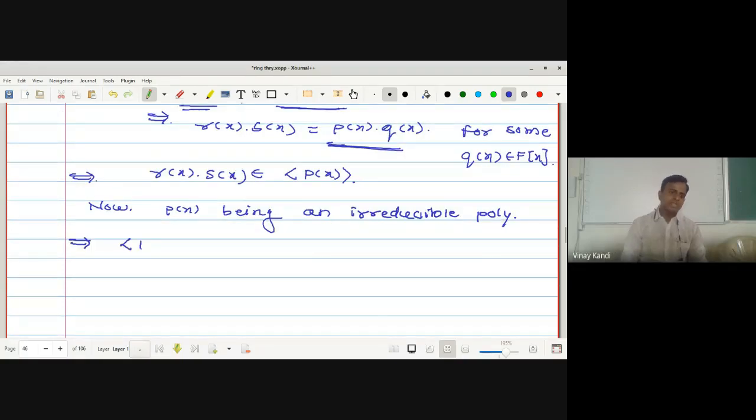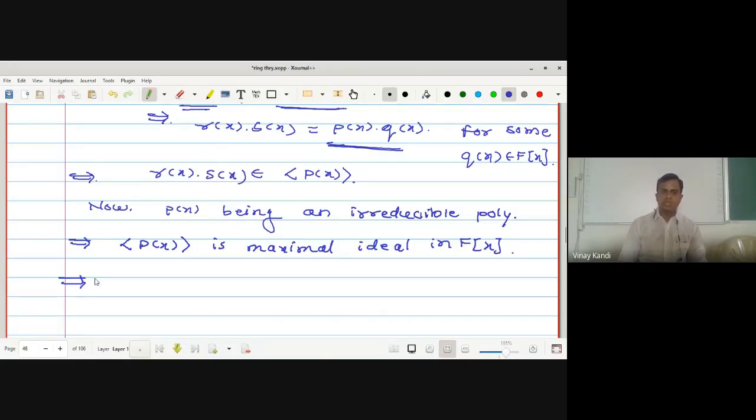It implies that ideal generated by p of x is maximal ideal in capital F of x.